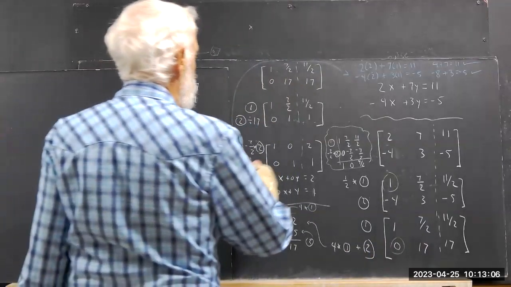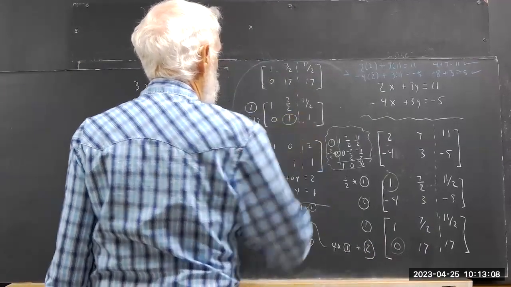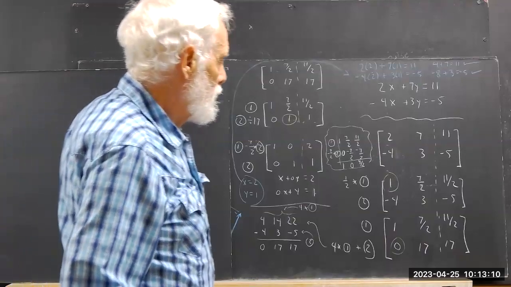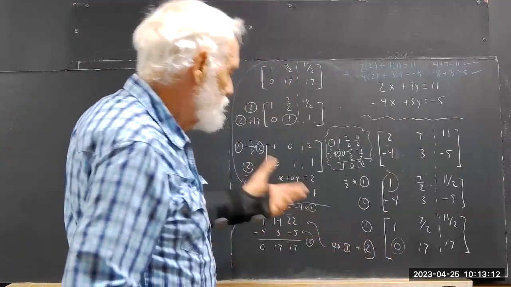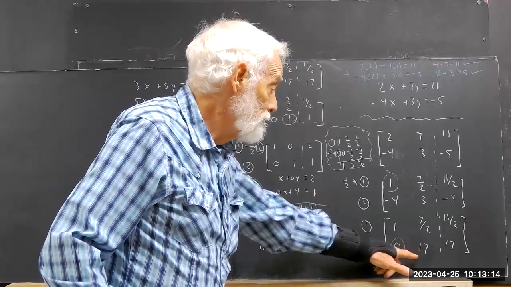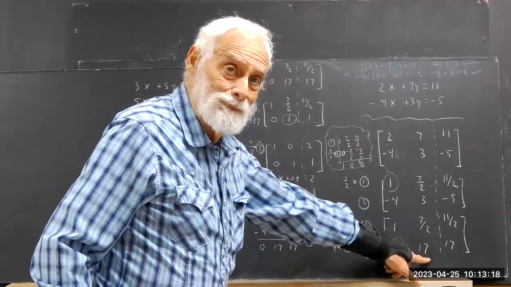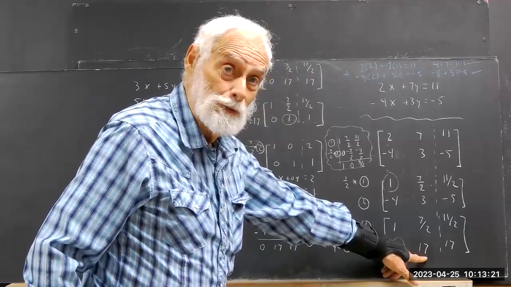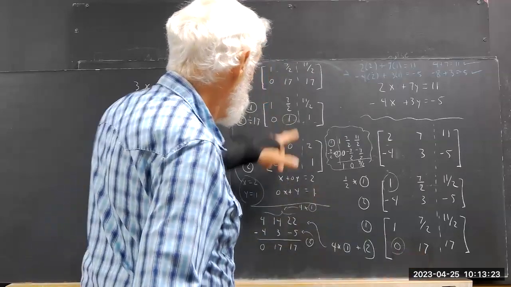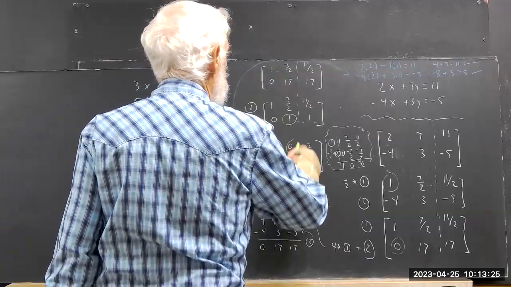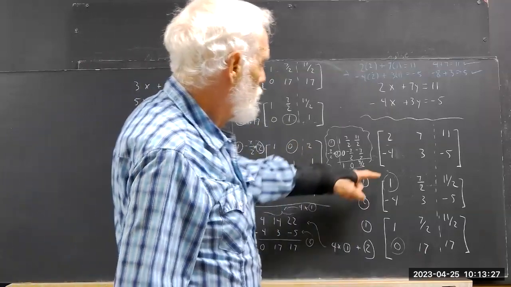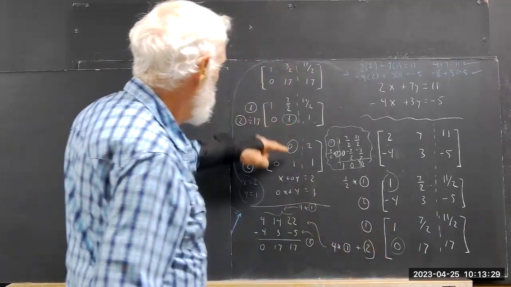And then the next goal is to get a 1 here. And once we've got the 0 here, it's going to be easy to get a 1 here, by whatever that number is. Then we want to get a 0 here.